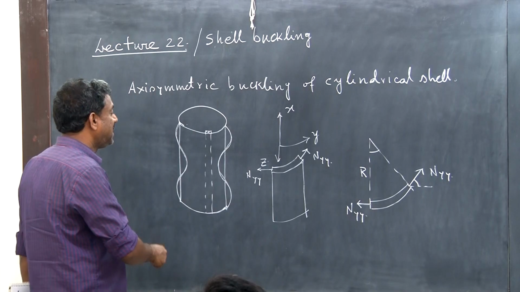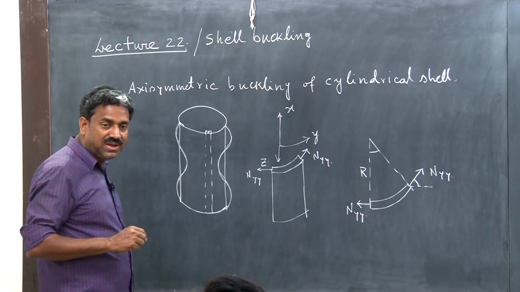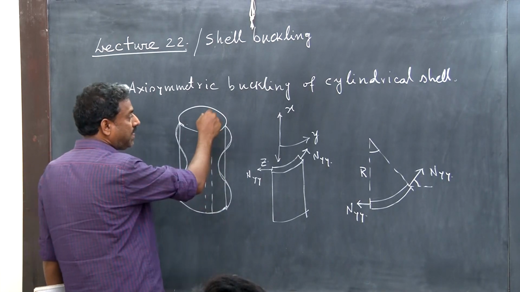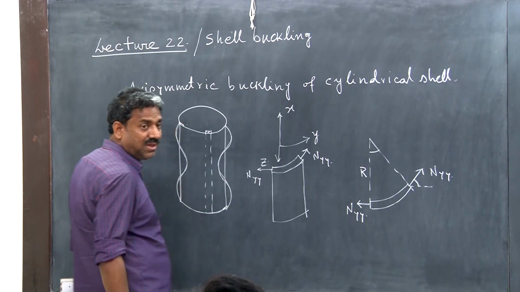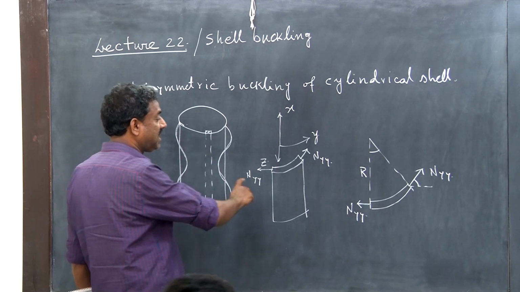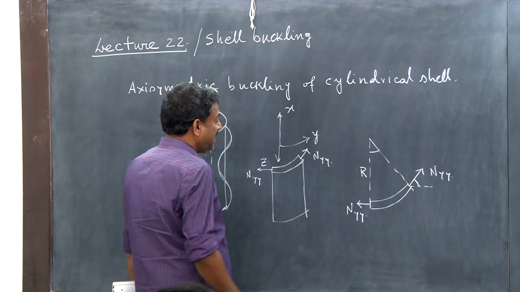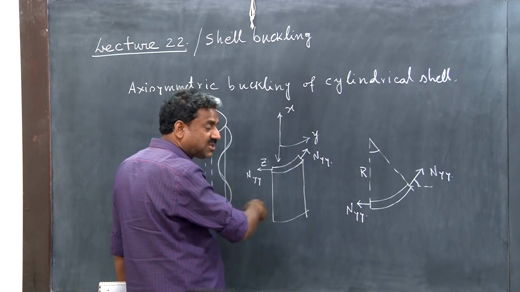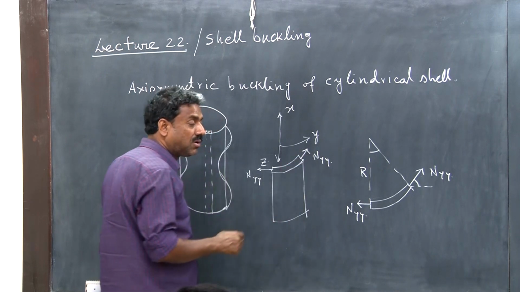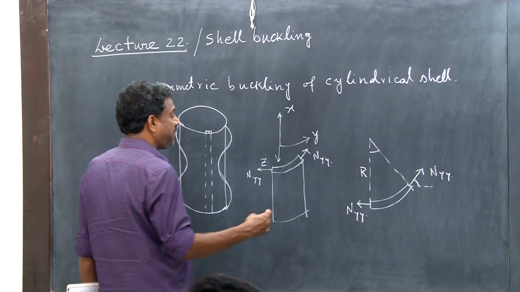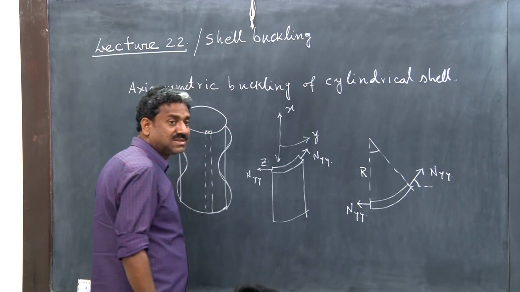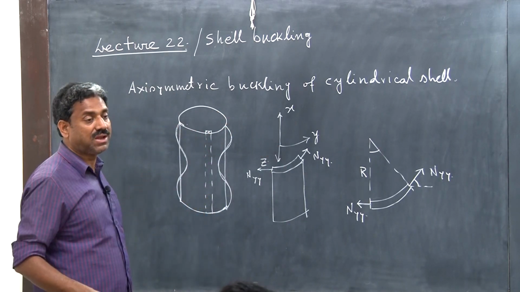So, bending is so dominant along the longitudinal direction that we can take a single strip and write down the governing equation for this. And because of this curvature, the contribution of N_yy will be there along the radial direction. That is what we have taken into account while deriving this equation.